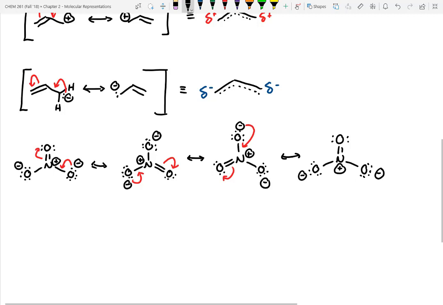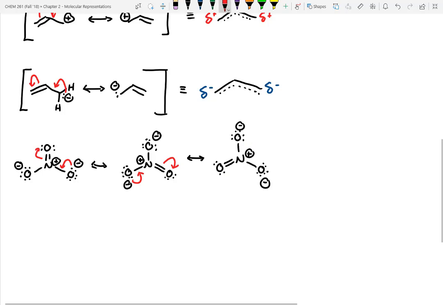Yep. So why are you, or does it matter? You're pulling the 2 electrons from the pi bond and putting them up to the oxygen. Could you just move the electrons from the pi bond to form another pi bond with the other oxygen instead? Yeah, so that's a good question. So let me see. I'm going to redraw these arrows.